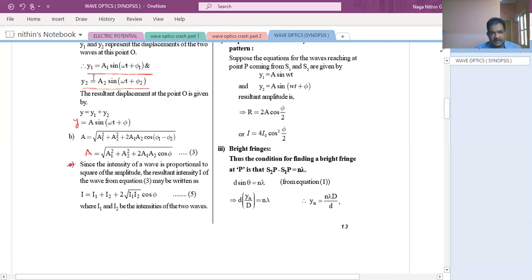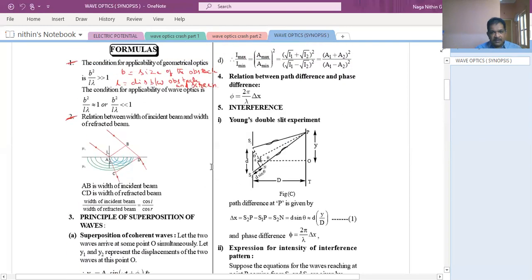I1 is the intensity of the first wave. I2 is the intensity of the second wave. These two waves combine to form a single wave, and its intensity is I1 plus I2 plus 2 root I1 I2 cos phi.